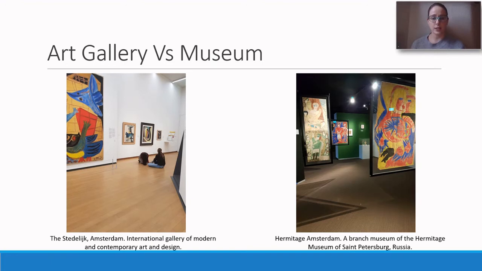Another thing to consider is art galleries versus museums. Modern art galleries tend to have very plain, clean walls, generally white, because their aim is to discuss the aesthetic nature of the paintings, what they look like, what this means, and what the artist was trying to represent visually. On the right, we've got modern art displayed in a museum.